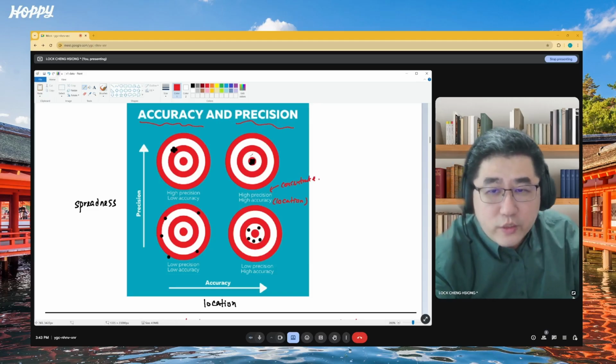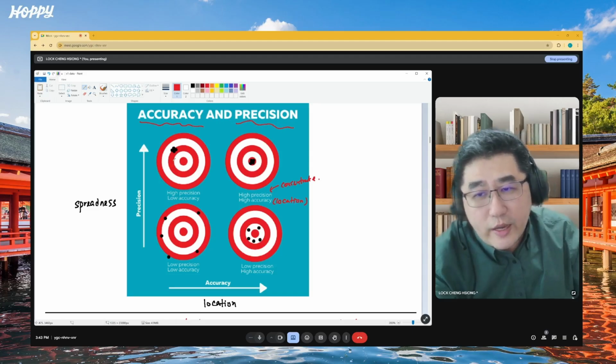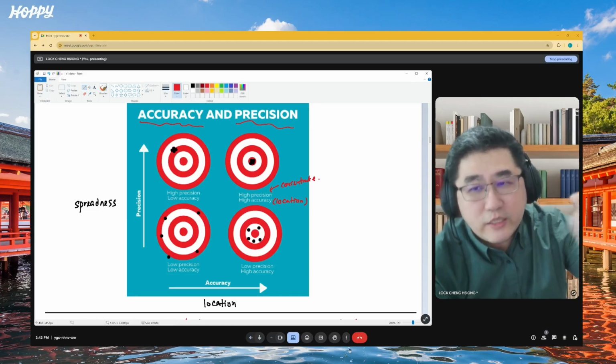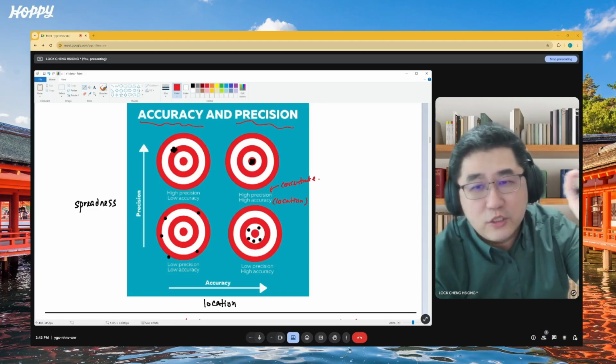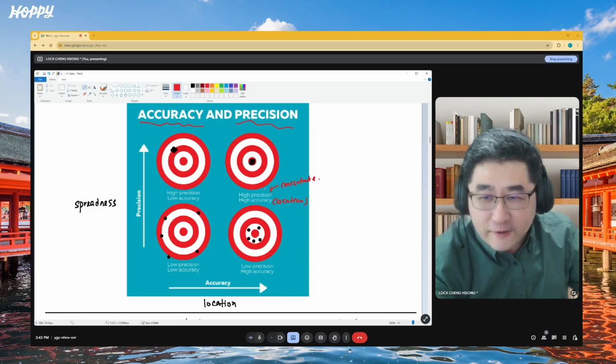This one is highly concentrated with the correct location. This one is highly concentrated but always off target, maybe because of how he throws with his hand, so he just needs to adjust the location of the hand.